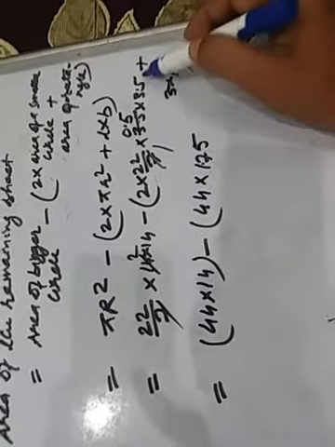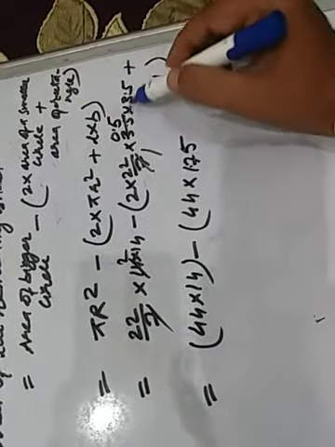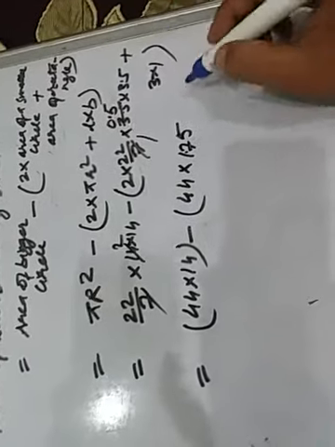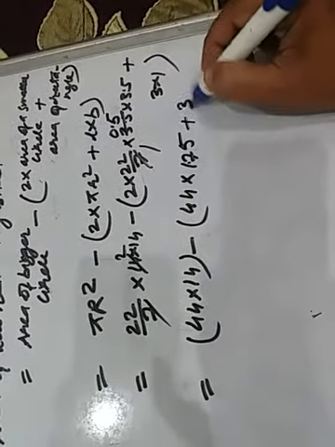Let us see once again: 5 5s are 25, 2 carry over, 5 3s are 15 and 2 is 17, number of decimal places 2, that is 1.75, plus 3 1s are 3.